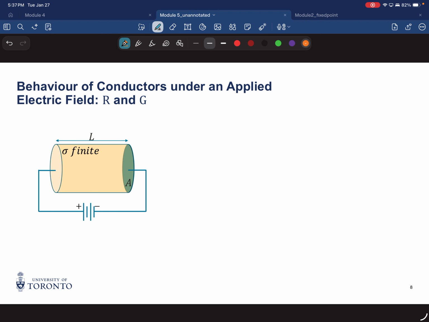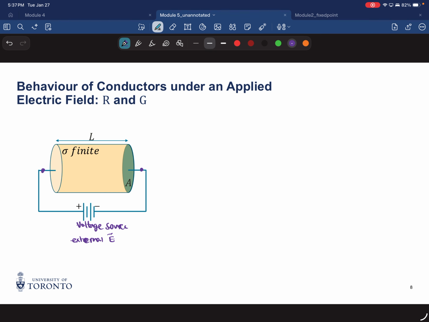But in the case that sigma, or conductivity, is limited, then the story is different. For example, when we are applying an outside voltage, like a voltage source here, it's as if we are applying an external electric field. So this is positive, this is negative.